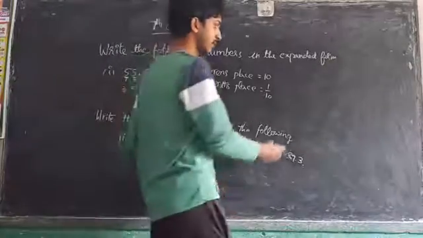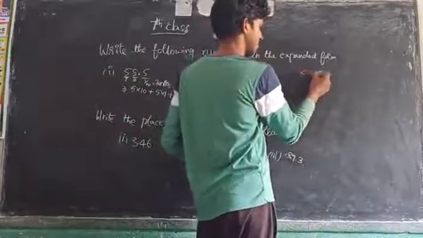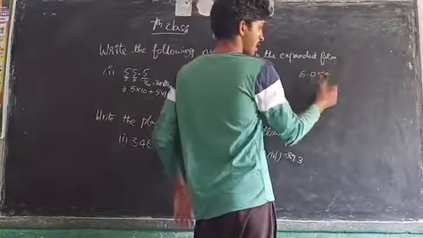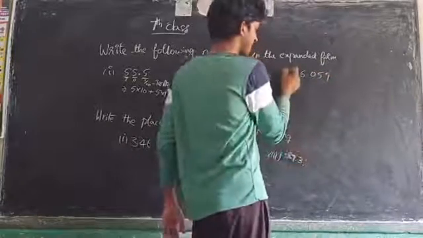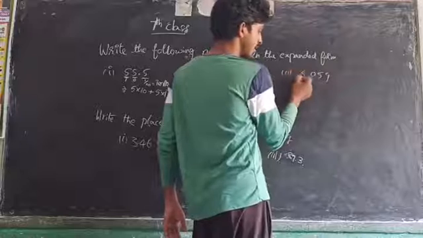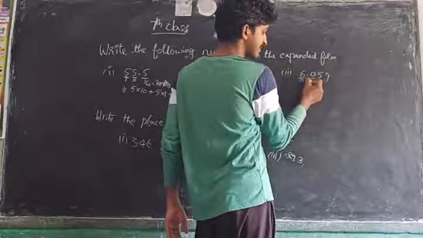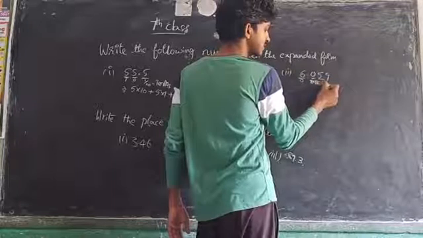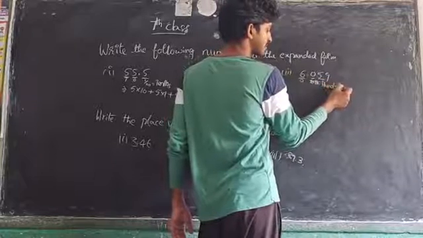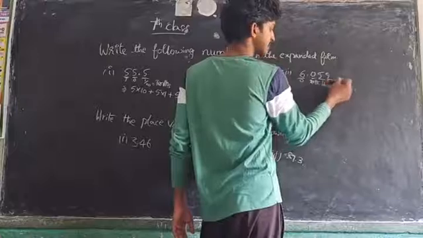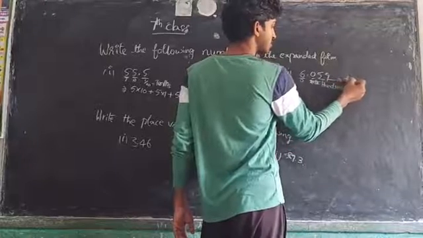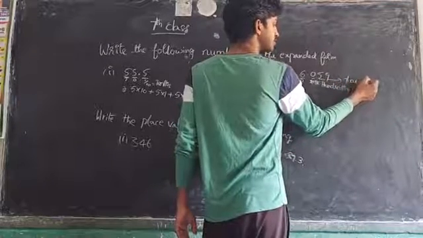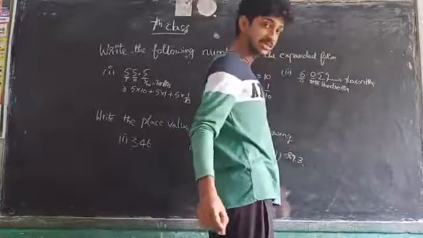See another example here. 6.059. So it is ones place, it is tenths place, it is hundredths place, and this is thousandths place. Okay children, this is thousandths place.